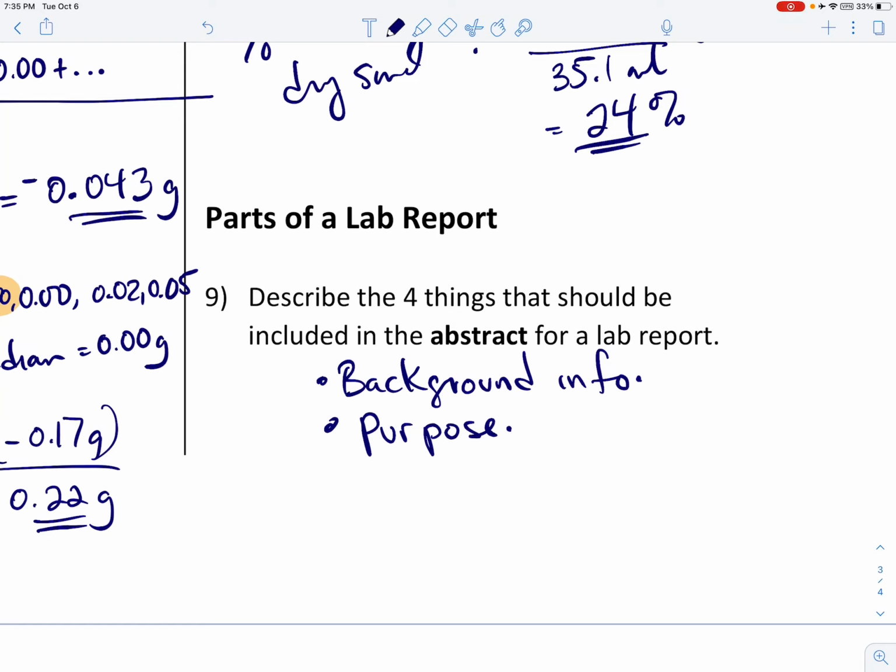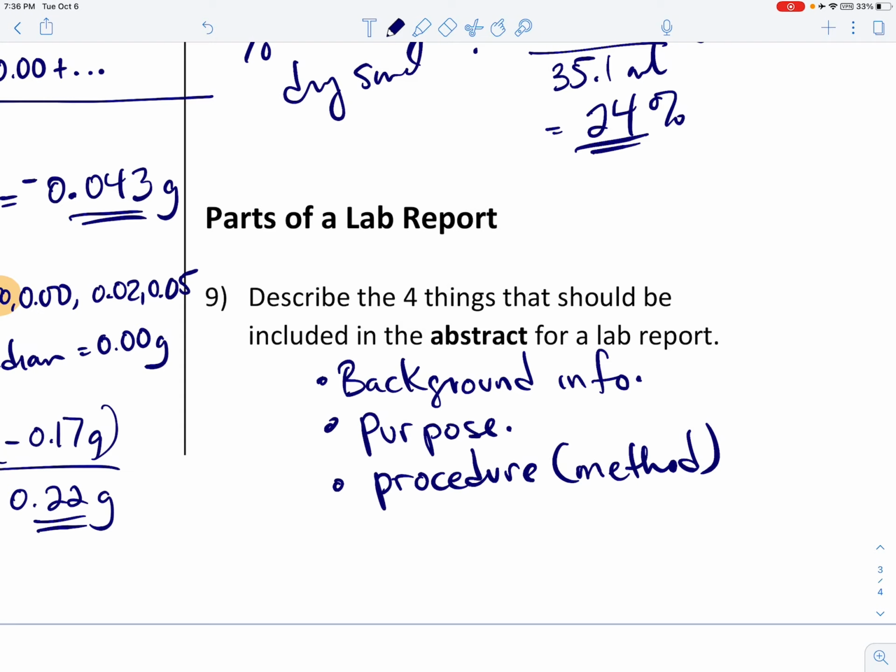Then you would tell me the purpose of the experiment. The purpose of our experiment was to calculate the percentage of air in the sand. There you go. Then you would describe the procedure, sometimes called the method. And don't go into any detail here.